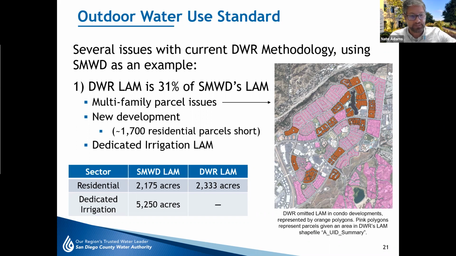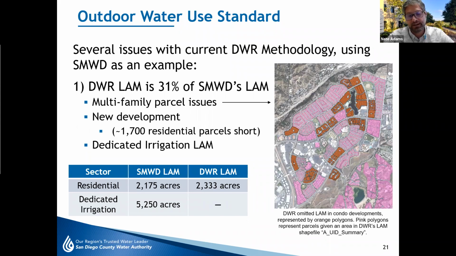One, when I report just over 2,100 acres for Santa Margarita Water District, I'm only reporting single family residential, whereas DWR's is single family plus multifamily. The reason is that our multifamily developments are actually irrigated by dedicated irrigation, so that number is picked up in my dedicated irrigation number.